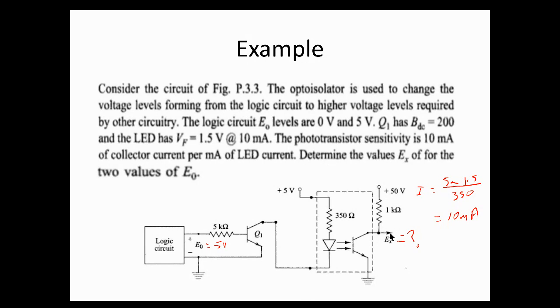What would it be? 50 volts. It would be 50, right, when this switch is on.